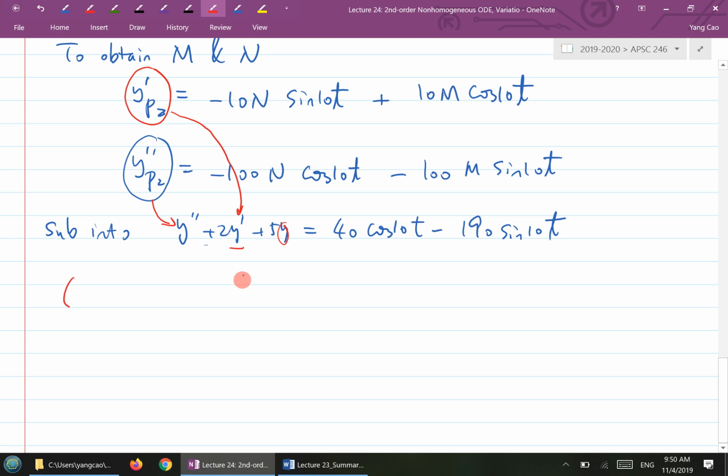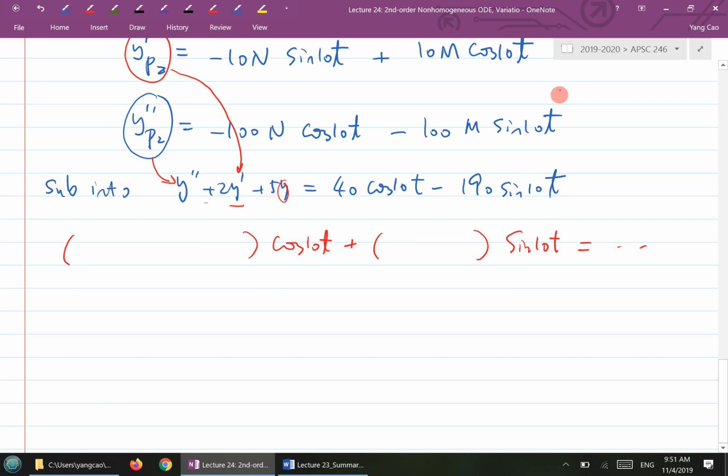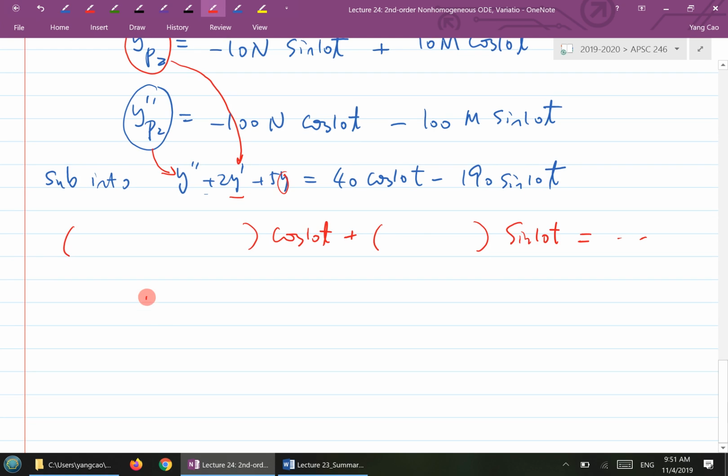So you get a whole bunch of coefficients times cosine 10t, and a whole bunch of coefficients times sine 10t, equal to the right side. Then you compare coefficients. Whatever the coefficient for cosine 10t on the left side should be the same as the coefficient for cosine 10t on the right side. So you'll get two equations.